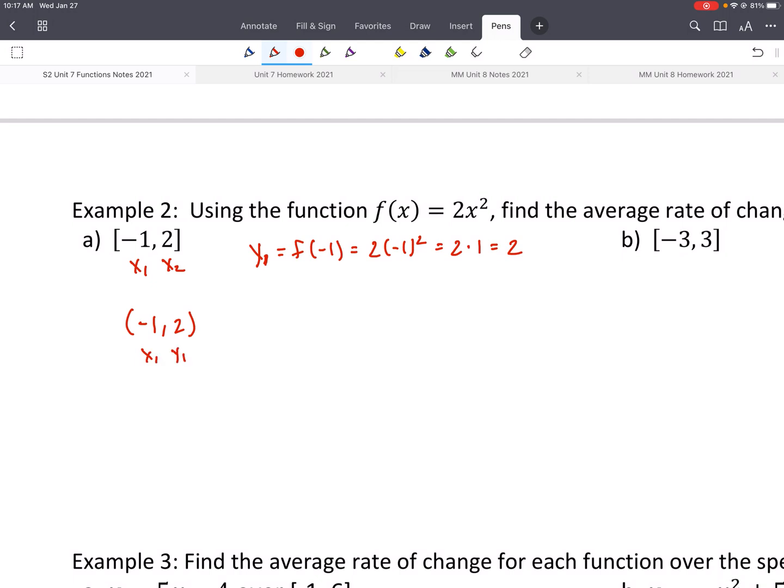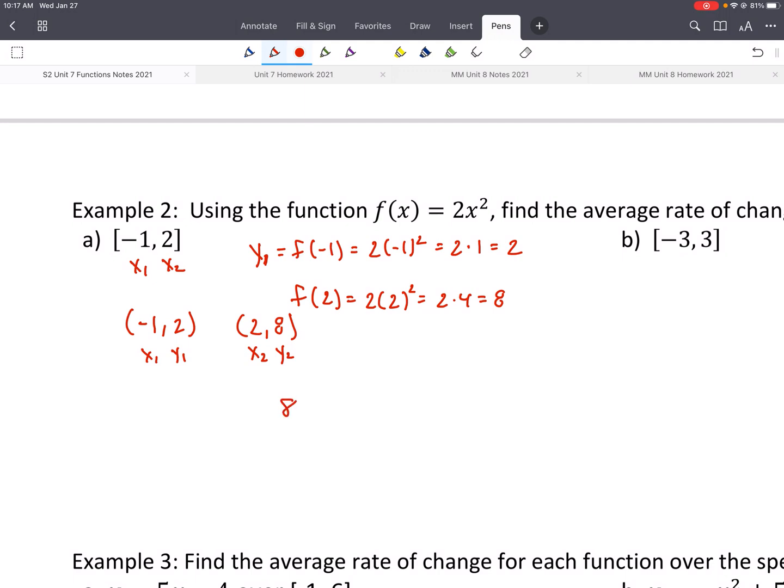And then for our other, we'll do f of 2, which we already did, but we'll do that again, is 8. So our other point would be 2, 8. That's like our x2 and our y2. And then we'll find our average rate of change.